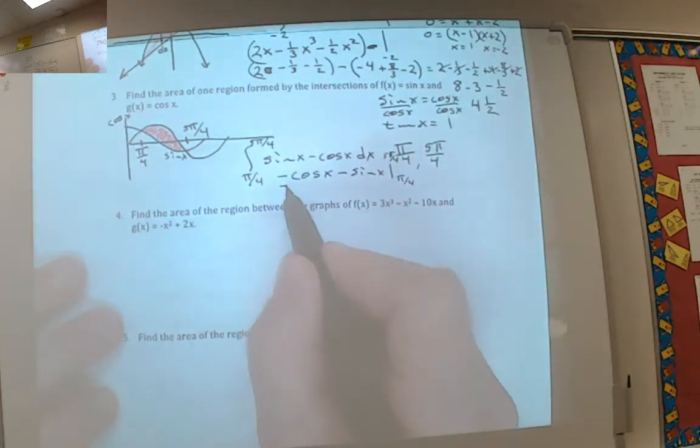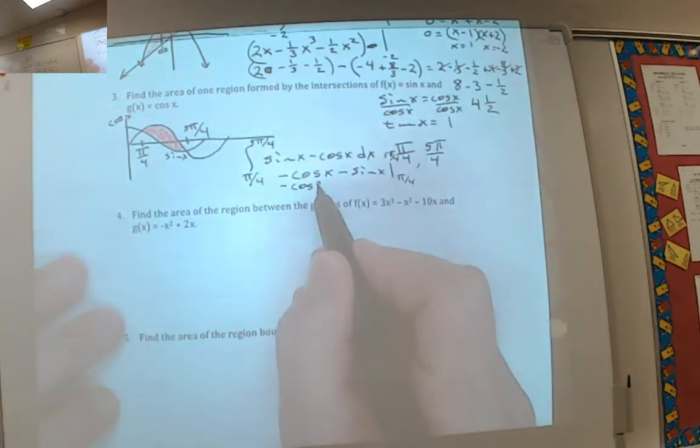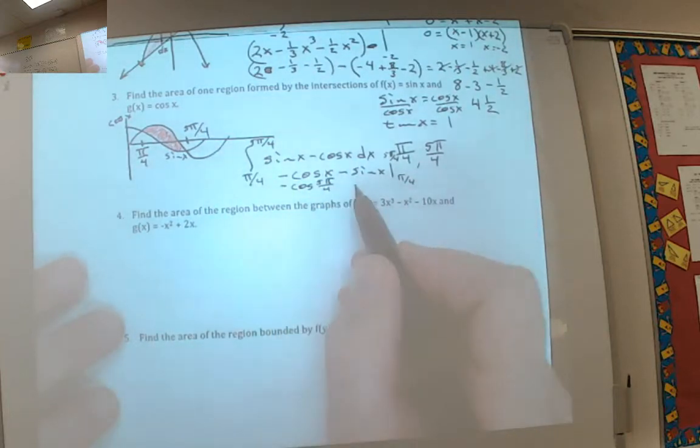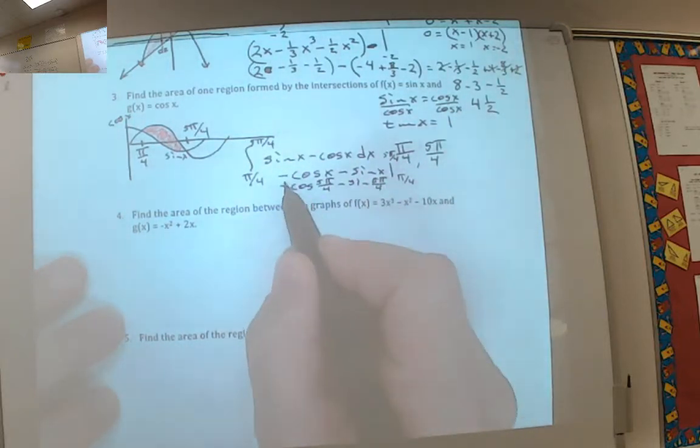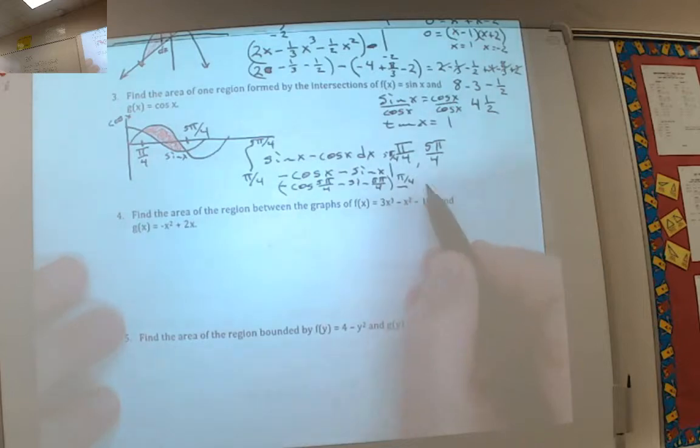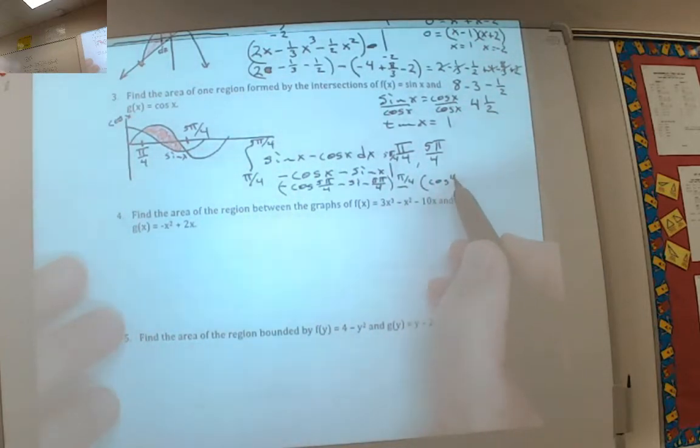So I got the negative cosine of 5 pi over 4 minus the sine of 5 pi over 4, in parentheses, minus the cosine of pi over 4 minus the sine of pi over 4.